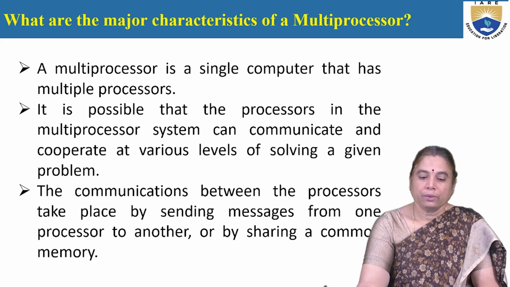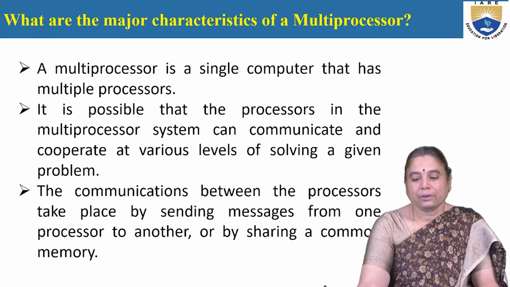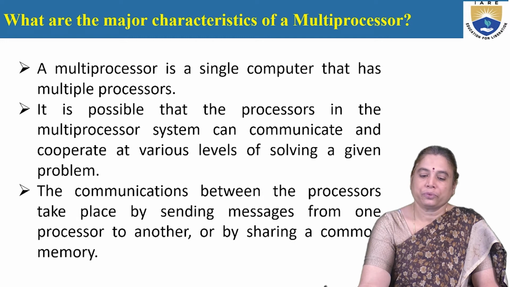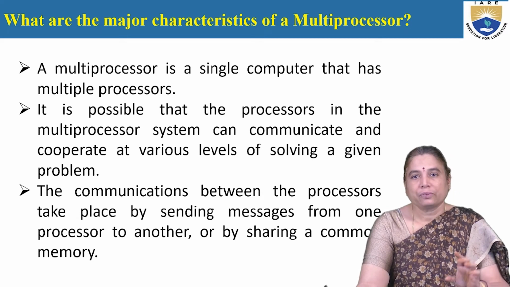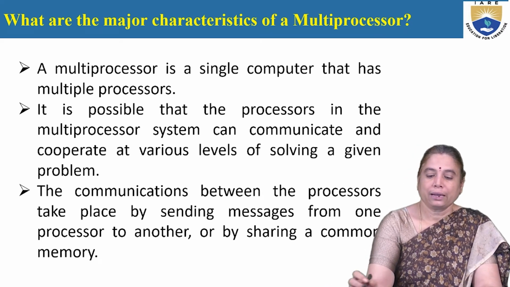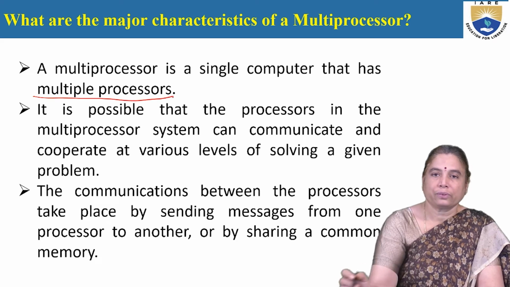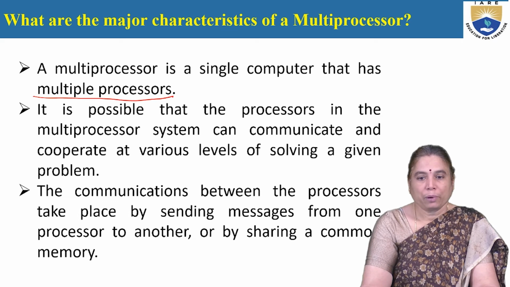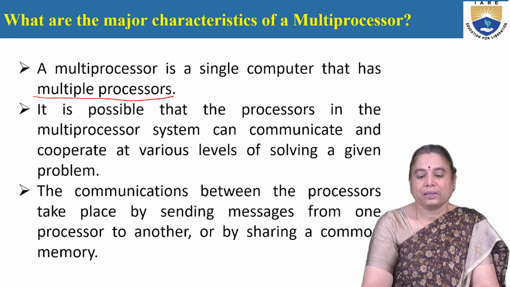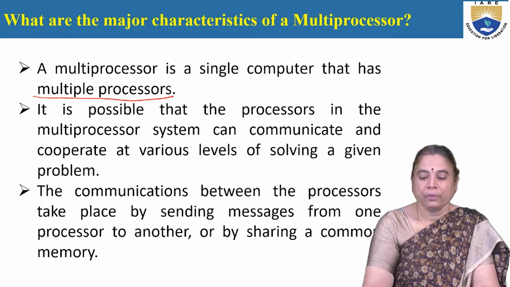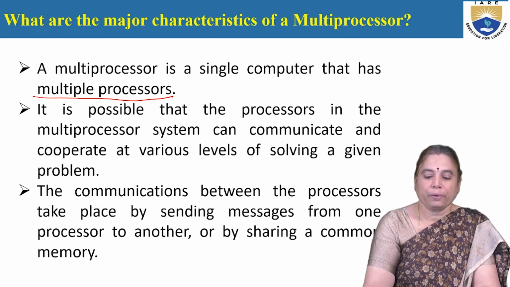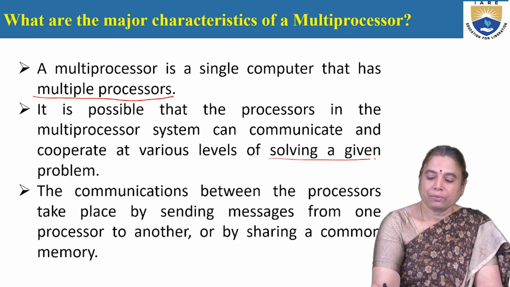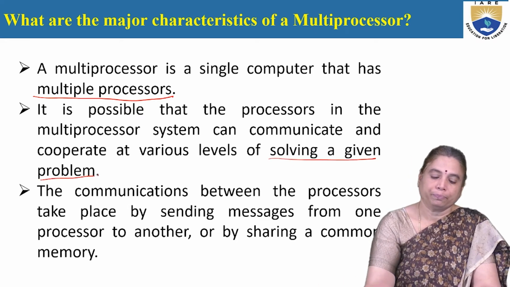Next question is, what are the major characteristics of a multiprocessor? A multiprocessor is a single computer in which multiple processors, multiple CPUs, are employed. The processors in a multiprocessor system can communicate and cooperate at various levels in solving a given problem.